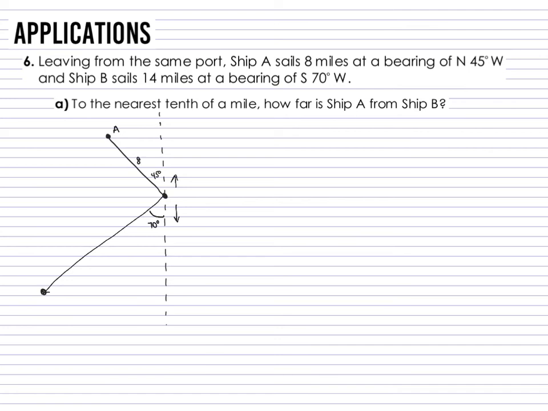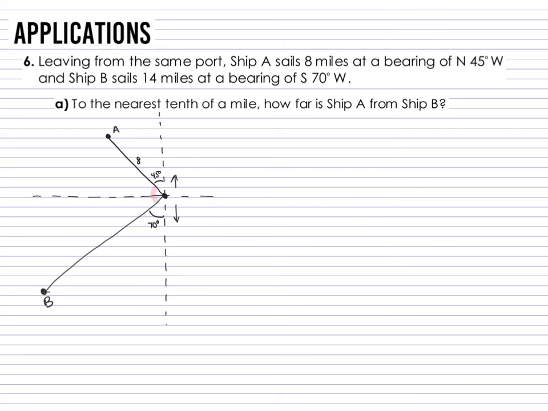Well, now I can see where that triangle is. The problem is I don't have an angle for either one of those to make any vertex of that triangle. So what I'm going to have to do is figure out what my measurement here is. You've got a couple different ways of looking at it. You can say that we have a vertical line that includes this 45 degrees, the 70 degrees, and then the angle that I'm missing in here.